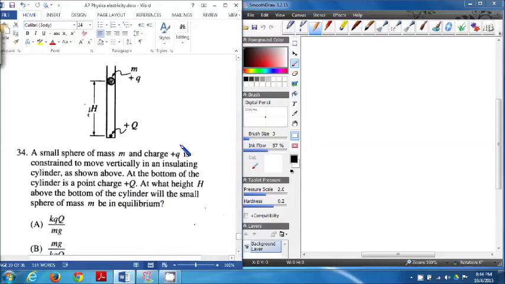A small sphere of mass m and charge plus q is constrained to move vertically in an insulating cylinder as shown above. At the bottom of the cylinder is a point charge plus q. At what height h above the bottom of the cylinder will the small sphere of mass m be in equilibrium? So for this equilibrium condition, this positive charge will repel this, whereas the force of gravity attracts it downwards.